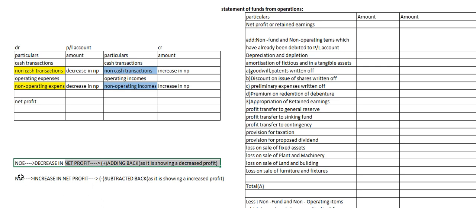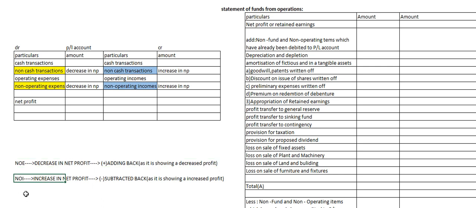In the same way, for a non-operating income, when it is added in your profit and loss account at the end of the financial year, this will increase our net profit, which is not showing the correct profit only from operating activities. Hence, we will subtract back all the non-operating incomes and the non-cash incomes, because the non-operating incomes has raised or has increased the profit.